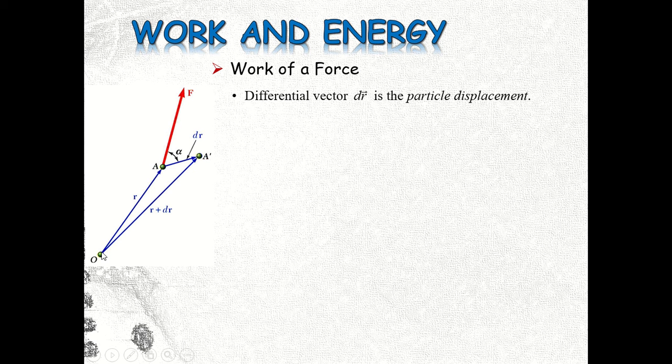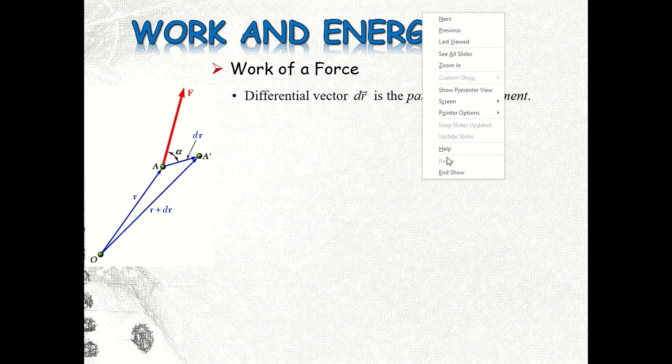Assuming that initially the particle was at point O, then a force is applied and it moves from point O to point A. And it moves to the next position, point A prime, with a differential vector dr. This is what they call dr here. It's called the particle displacement.